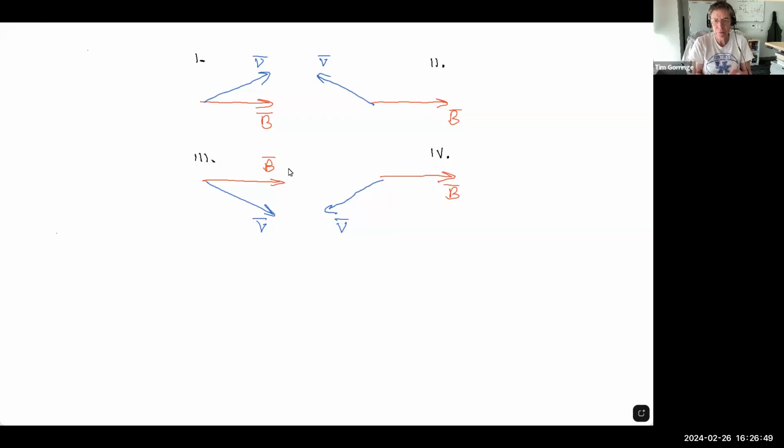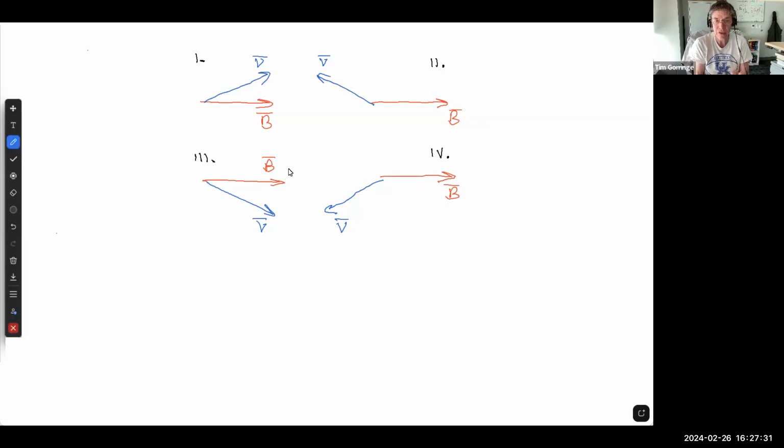I'm just going to make one important observation that applies to all four of these orientations of V and B. In all four cases, the vector B is in the plane of the page. The vector V is in the plane of the page. The vectors V and B live in that plane of the page, and the relationship between the magnetic force, magnetic field, and velocity is that the force is at right angles to both V and B. Therefore, the force has to be at right angles to the plane of the paper.